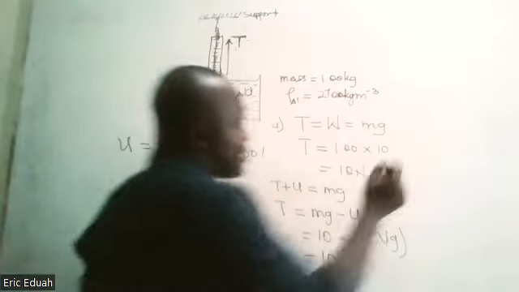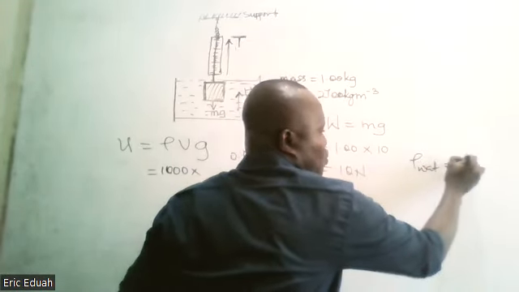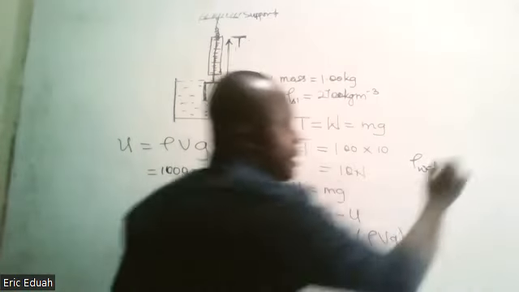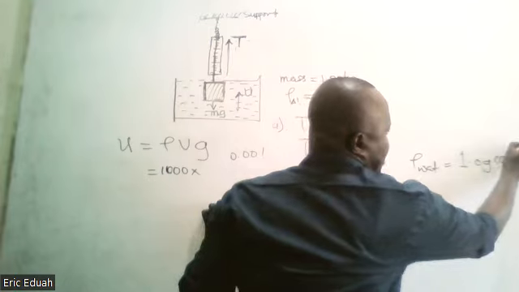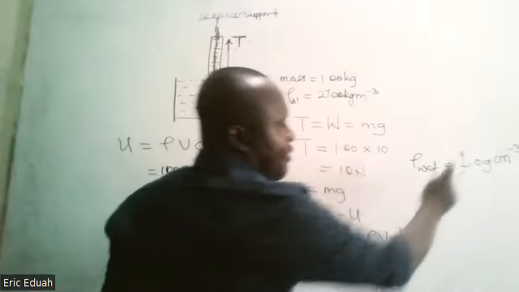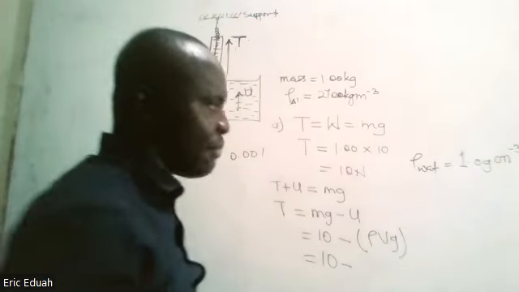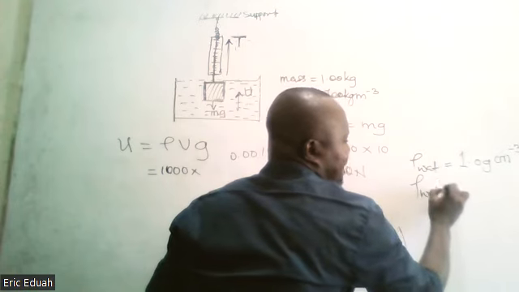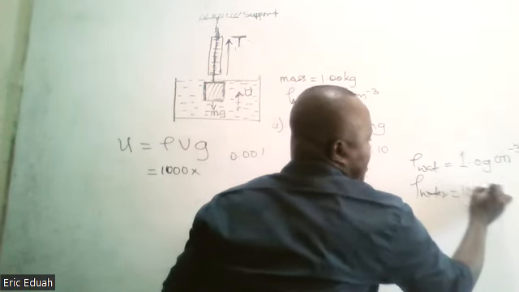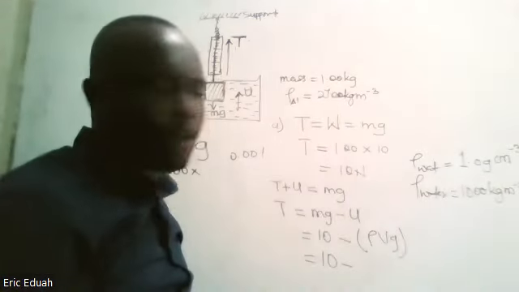Oh, you see, the density of water in gram per centimeter cube is 1.0 gram per centimeter cube. If you convert 1 gram per centimeter cube into kilogram, the same thing will give you a density of 1,000 kilogram per cubic meter. If you want, let's convert.